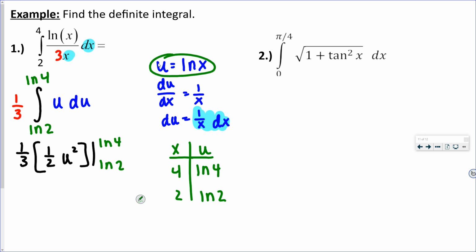So I would probably even bring that 1/2 out and treat this as 1/6 times each of those bounds squared. So we do upper bound minus lower bound.